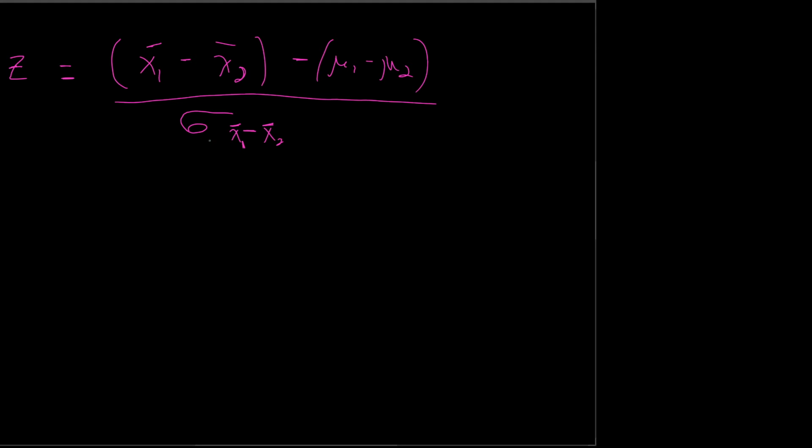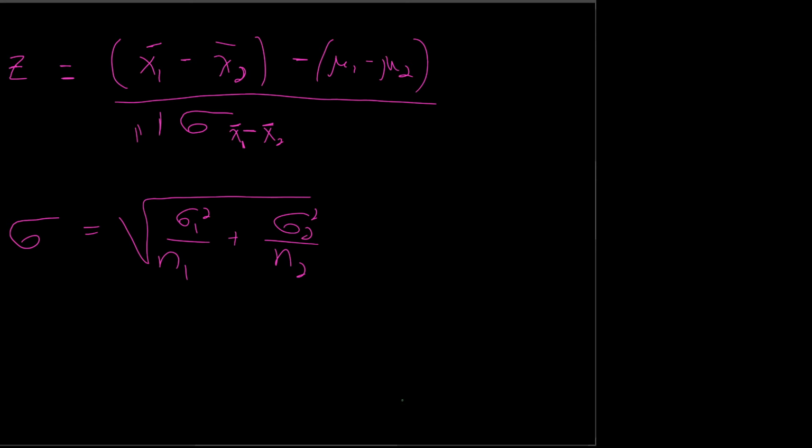So guess what? Standard deviation of the difference of means. And what this bit looks like is the standard deviation of the first sample divided by the number of counts in the first sample, and the standard deviation of the second sample divided by the number of counts in the second sample. And the key is these are independent samples.